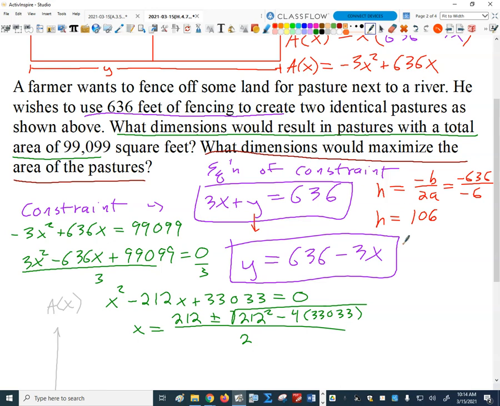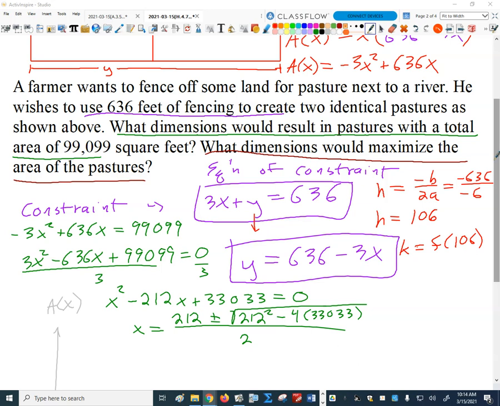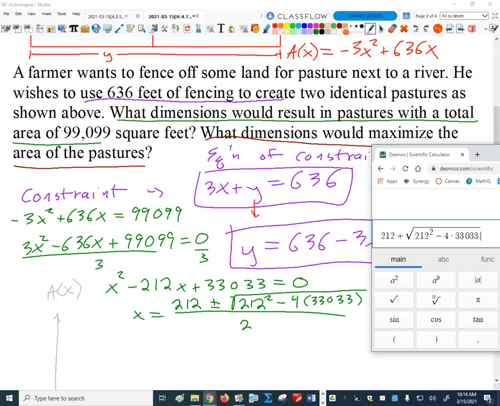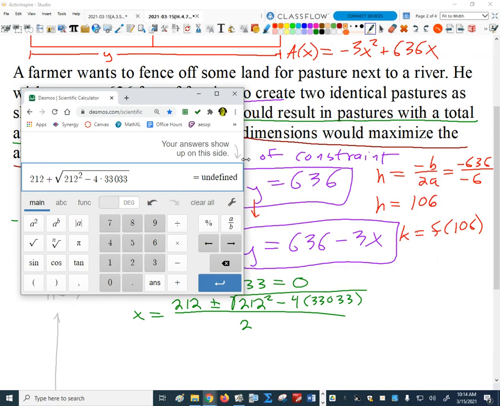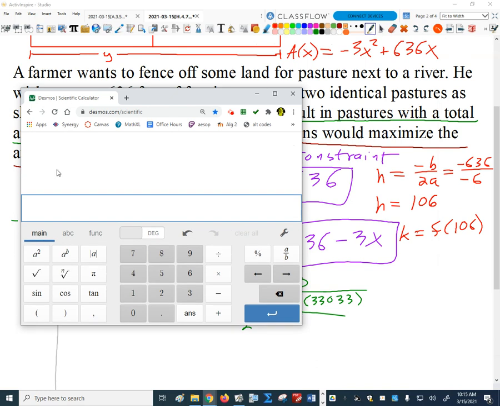And then if I want to find k, I'm just going to evaluate my function at 106, right? So if I plug 106 into my function, what do I get? We could certainly use Desmos for that. This is a prime case for a useful application of Desmos, even the scientific one.